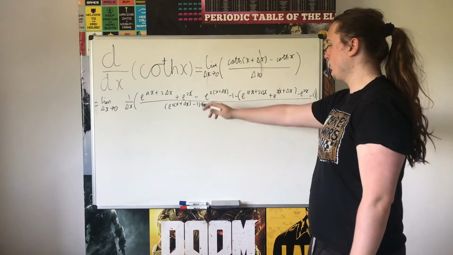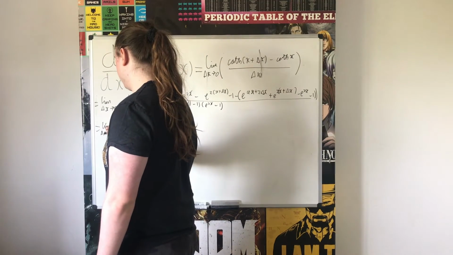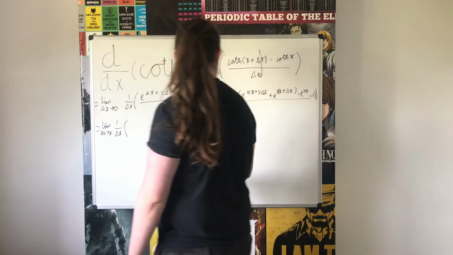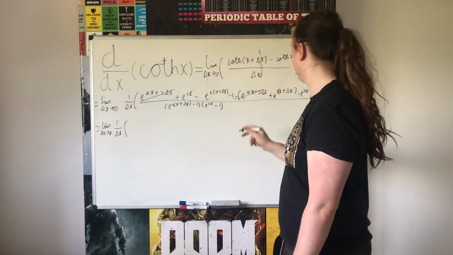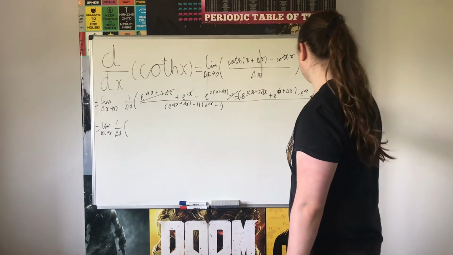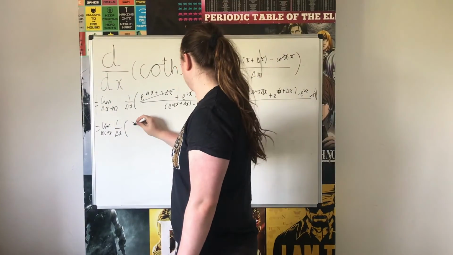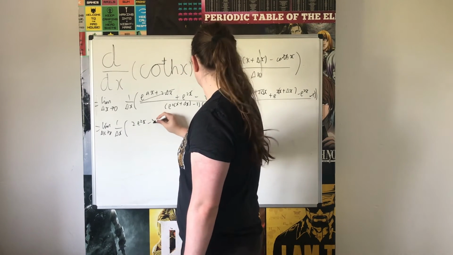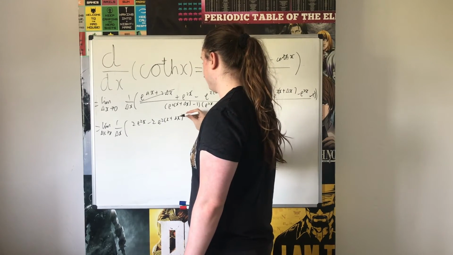So from here we can now collect some terms. So we get the limit as delta x approaches 0, 1 over delta x times, now this e to the 4x plus 2 delta x will cancel out here, and this minus 1 will cancel out with this plus 1. And then we're left with 2 e to the 2x minus 2 e to the 2x plus delta x.